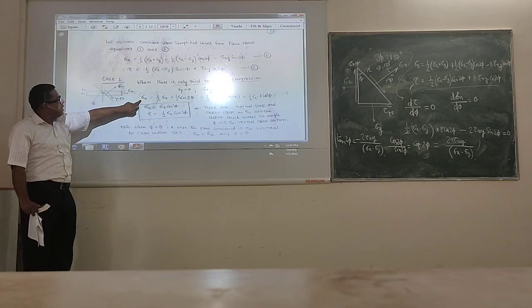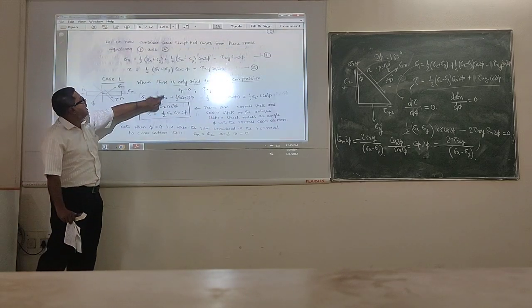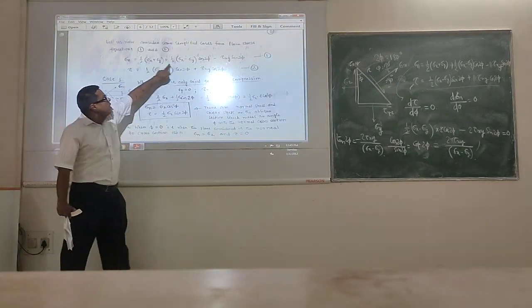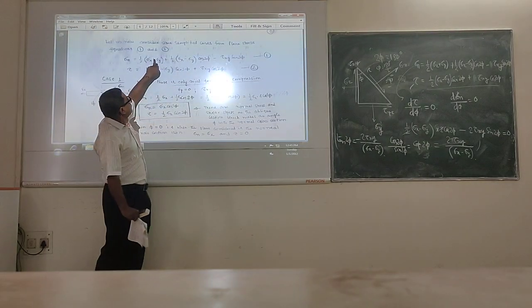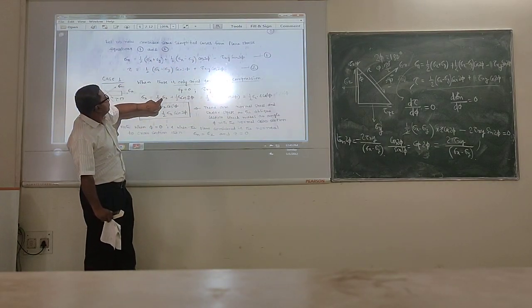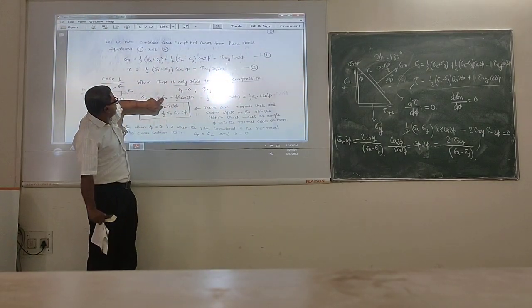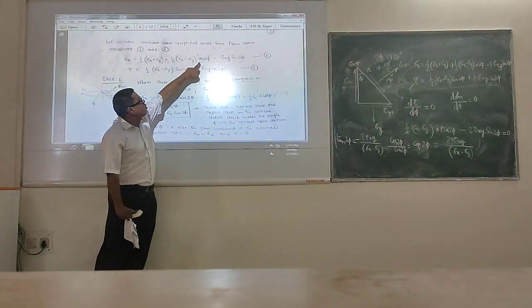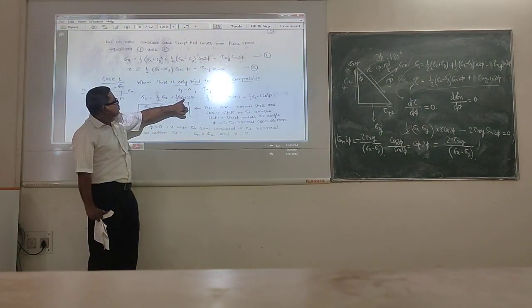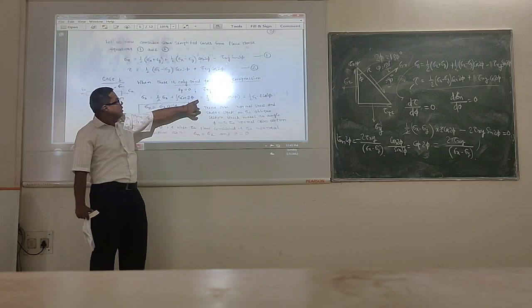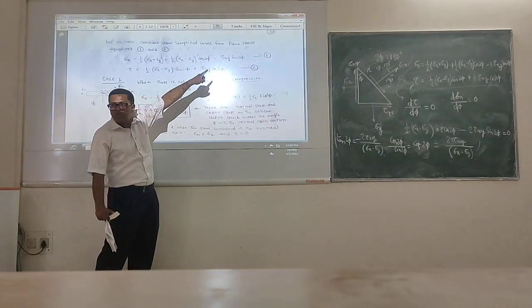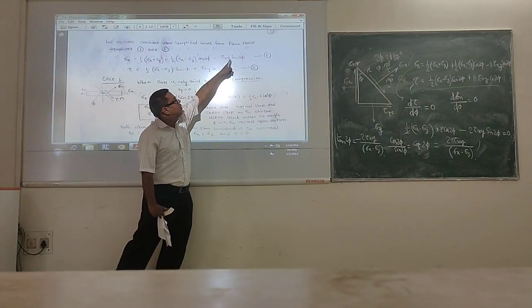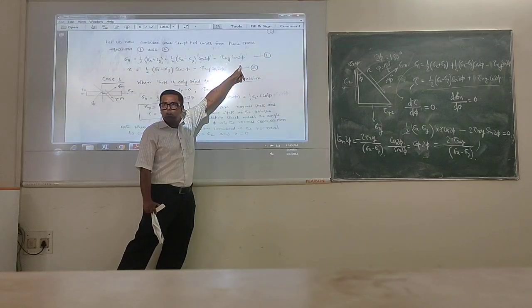Sigma n becomes half of sigma x plus half of sigma x cos 2 phi, because sigma y is 0. And tau xy is 0, so 0 into sin 2 phi will also become 0.